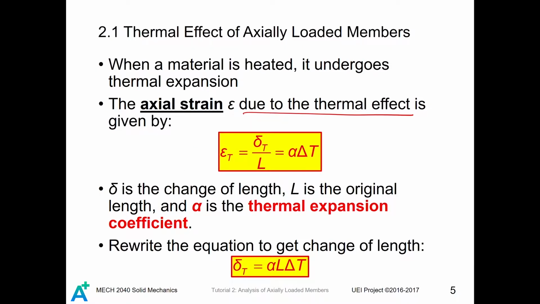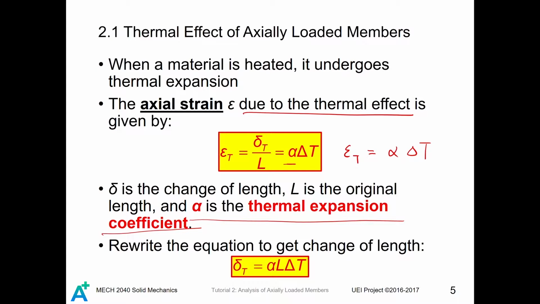But we will introduce a new constant related to the thermal effect, which is alpha. So alpha is called the thermal expansion coefficient. Therefore, we can say epsilon T, which is a dimensionless quantity, equals alpha times the change of temperature. That means the axial strain equals the thermal expansion coefficient times the temperature change.